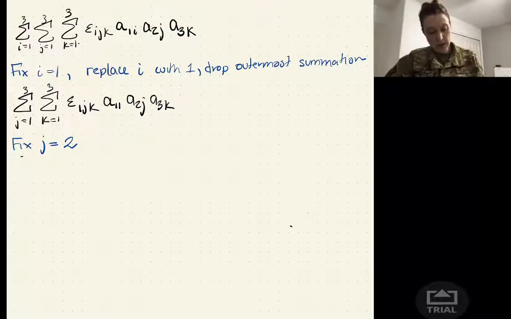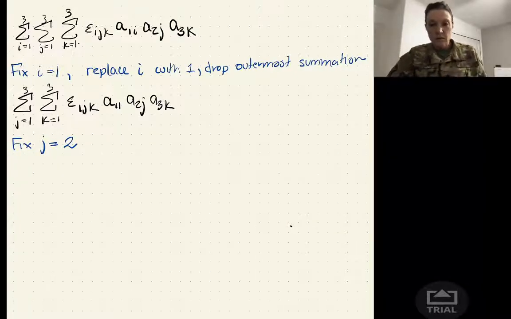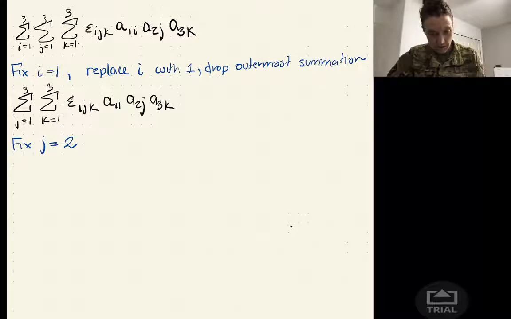So if I fix j at 2, what that means is I have the sum over k equals 1 to 3 of epsilon 12k, a11, a21, a3k. That is the worst sigma ever.